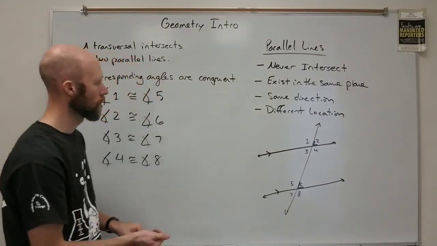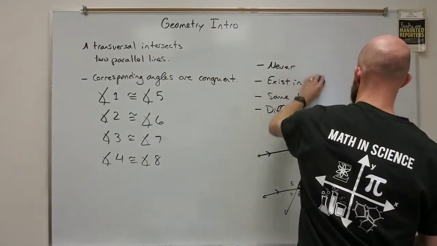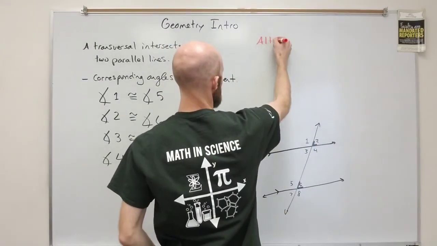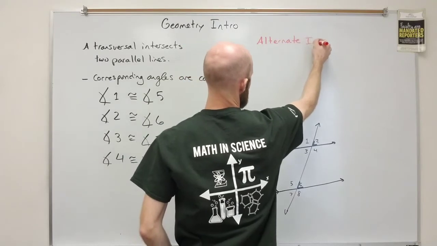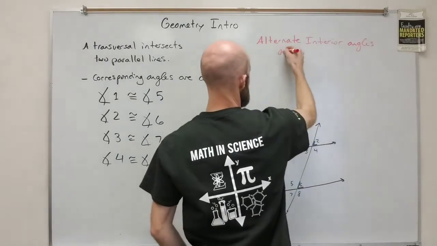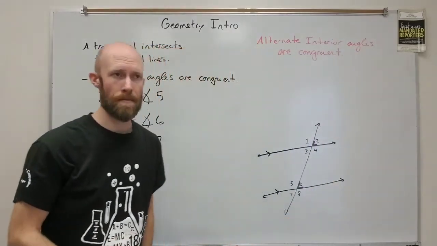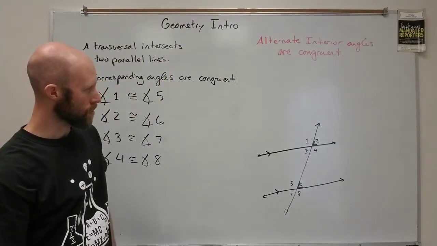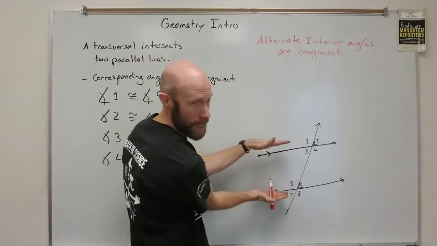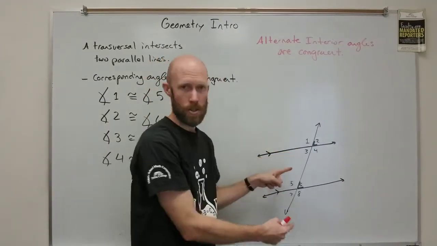We also have a definition. Let me get rid of my description here for parallel lines. I'm going to say these are alternate interior and alternate exterior angles. Alternate interior angles are congruent, meaning their measures are the same. And the alternate interior angles, if you think about the inside, we're looking at the inside in between the parallel lines. And alternate means they're on different sides of the transversal.